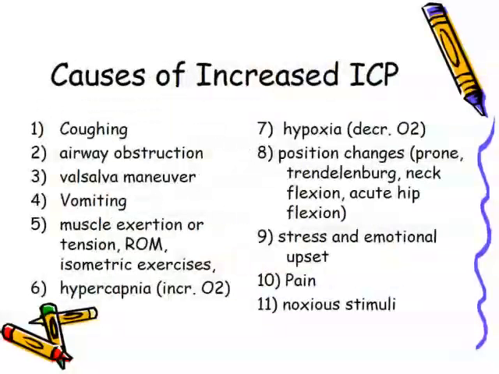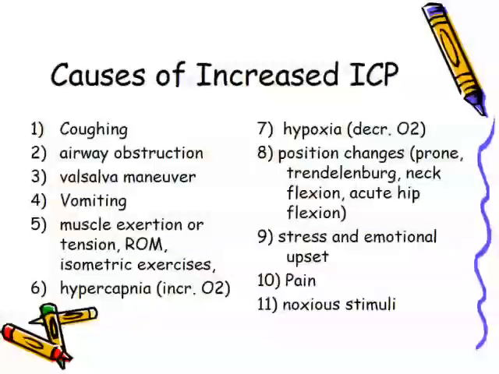Once that patient has an ICP device in, you'll see variations in the ICP on the monitoring screen, and these variations can be related to subtle things such as coughing, suctioning the patient, airway obstruction. If that patient was off of a vent and did a Valsalva maneuver where they were bearing down, that will also increase ICP. If the patient would have vomiting, that increases ICP.